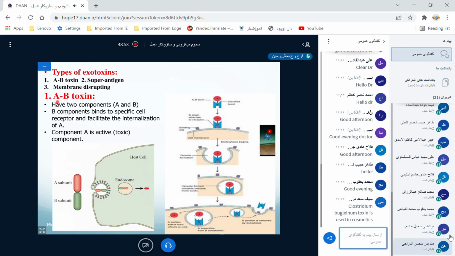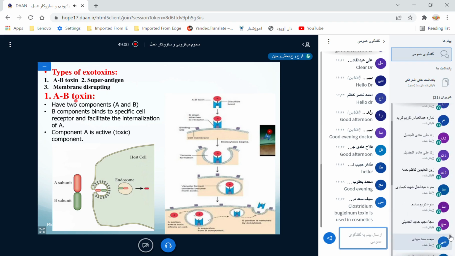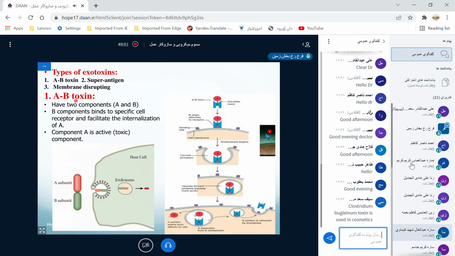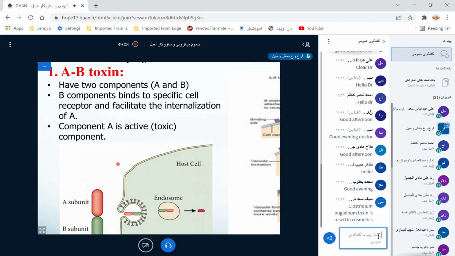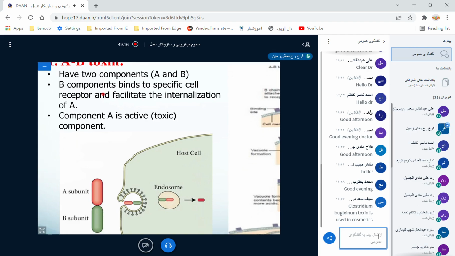First, AB toxin or AB exotoxin. As you see, what can you see? They have two components, A and B, yes. A subunit, B subunit. The B component binds to a specific cell receptor, so B is used for attachment to the target cell.